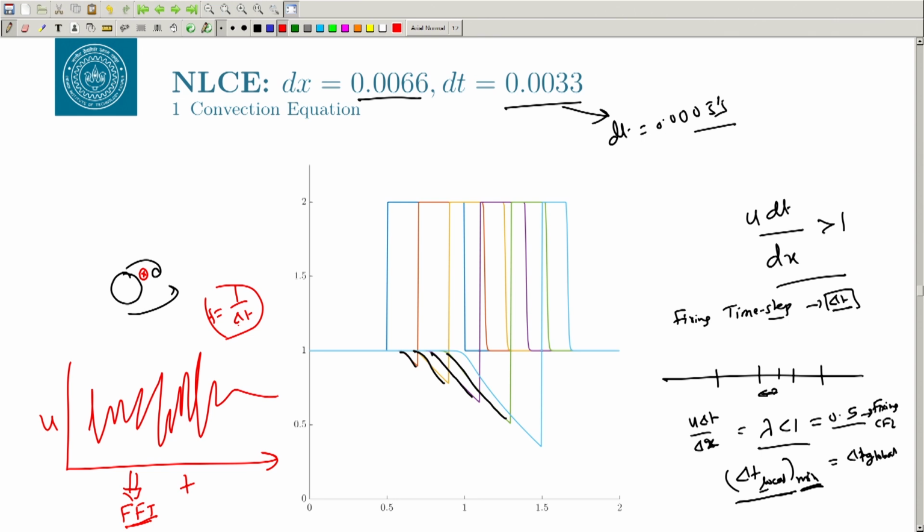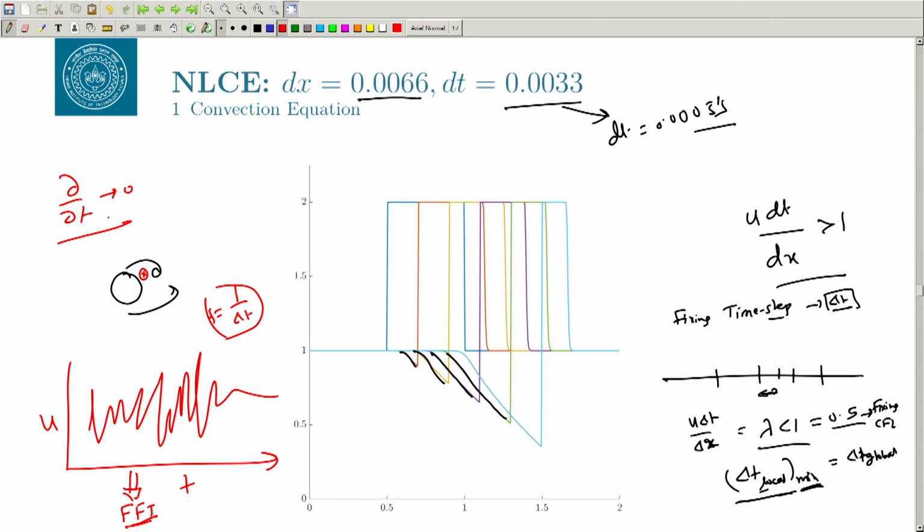So, in RANS you are only interested in what is happening at the steady state, right. That means your del u by del t term in the Navier-Stokes is going towards 0. In that case it does not matter what CFL number you are using; as long as you go to the final solution, which is your average solution, you are happy with that. In fact, in those cases we use implicit time stepping for RANS.